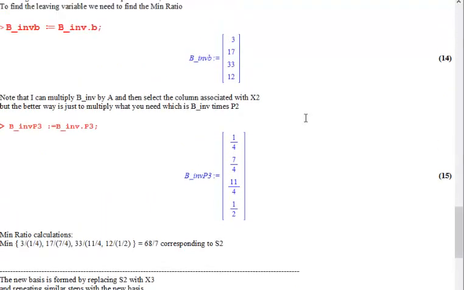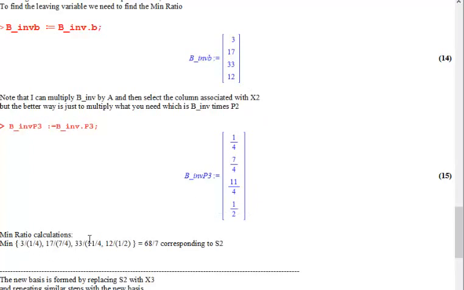Now I'm going to use the mean ratio. I will find the ratio of 3 over 1 quarter, 17 over 7 quarter, 33 over 11 quarter, and 12 over 1 half.